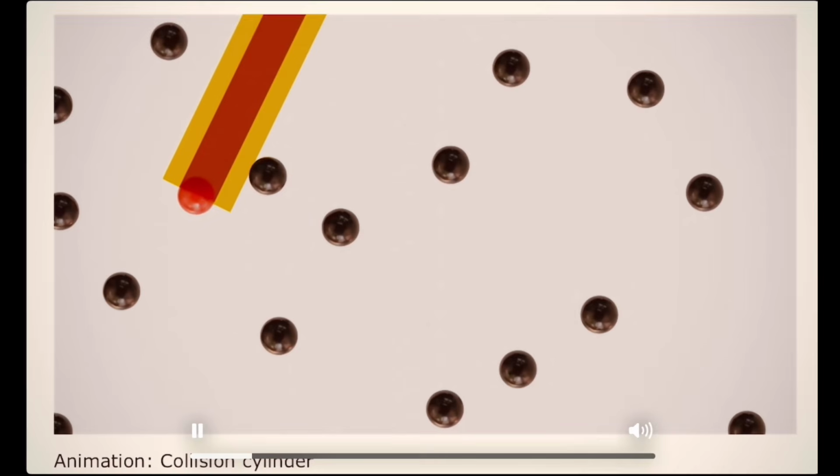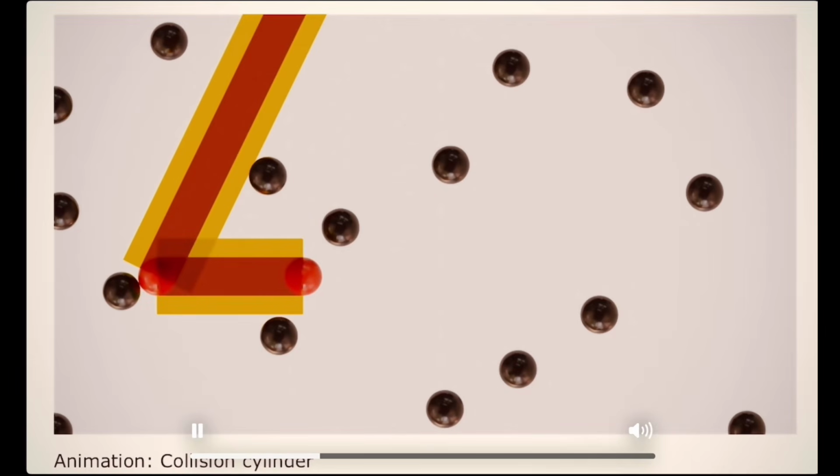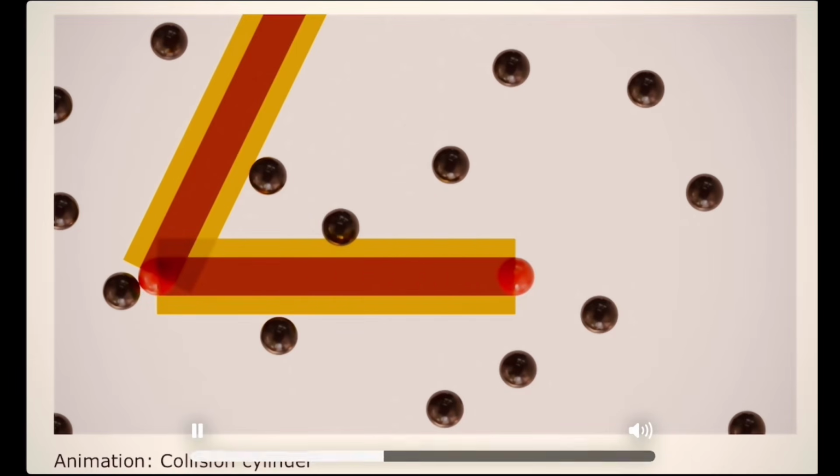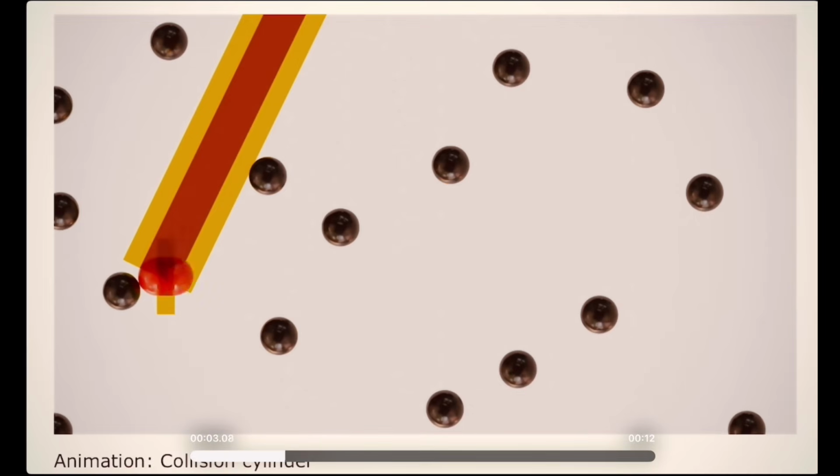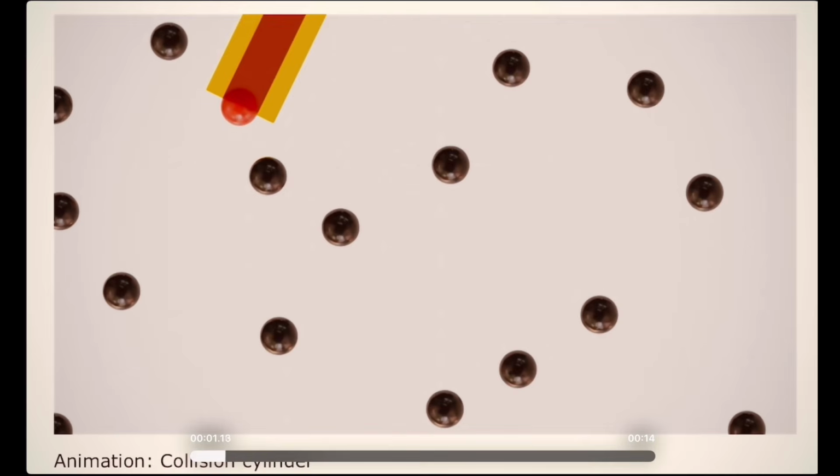Now you can see how the collision cylinder is created. Just focus on the gas molecule which is shown in red. You can see that the gas molecule is moving. The yellow lines are the collision cylinder, and when the gas molecule is moving, it creates the collision cylinder.